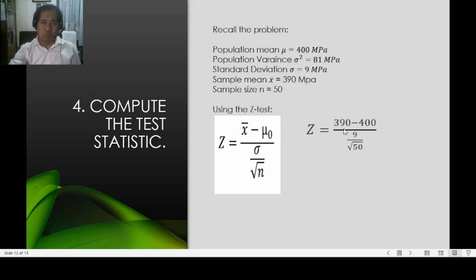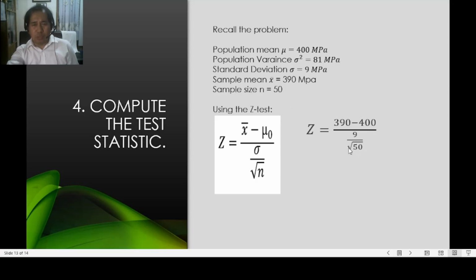Population mean is 400, and of course, population standard deviation is the square root of the variance, 81, so 9, divided by the square root of n, which is 50.